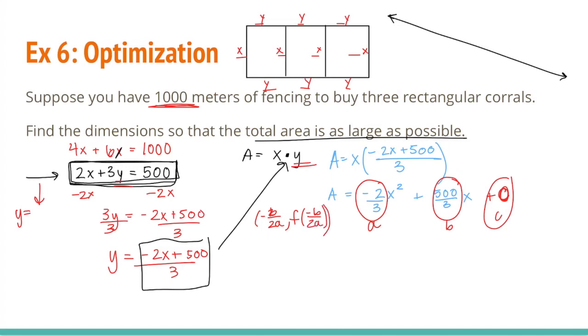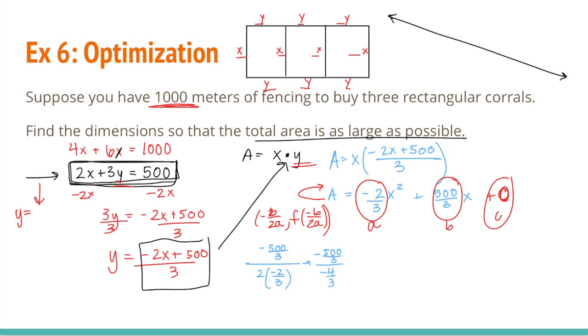And when I'm talking about the function, I'm talking about this new quadratic function. So let's find negative b over 2a. Our b is 500 over 3, so that's going to be negative 500 over 3, all over 2 times a, which is negative 2 over 3. Okay, so I can simplify that to negative 500 over 3 divided by negative 4 over 3.